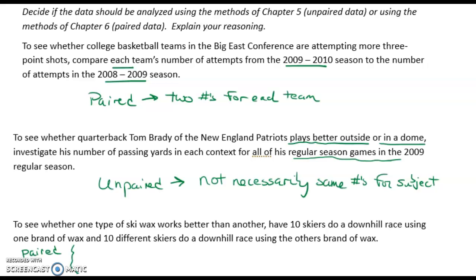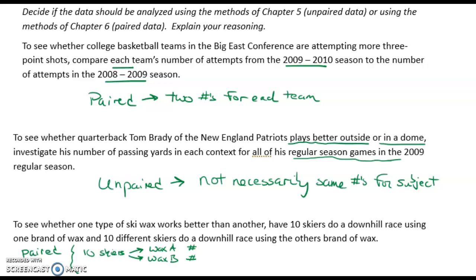I would expect to see 10 skiers, and as an explanatory variable, you're going to swap out the type of wax. I'll just do wax A, and then I would have the same 10 skiers using wax B, and then I would take those numbers and have two sets of numbers for each of these skiers. That's what you would see if you were thinking paired data.